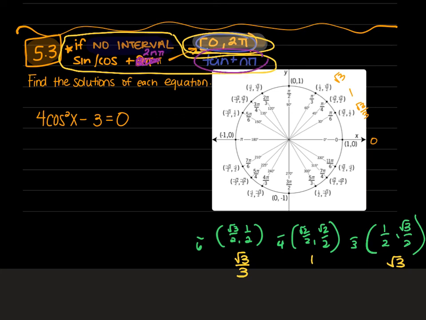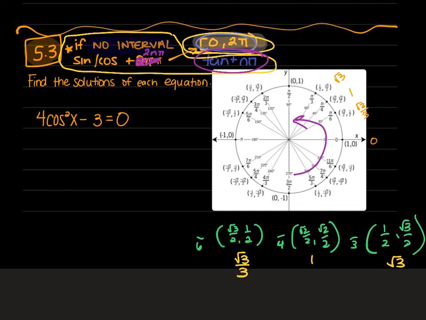And for tangent, you're going to add n pi, using the values negative pi over 2 to positive pi over 2. But for sine and cosine, you're using your whole circle. And then for cotangent, it would be the same thing, right? Because you could flip it. I would probably flip it so you don't have to know the other reciprocal. I mean, it is just the reverse of that, but I would probably flip it.